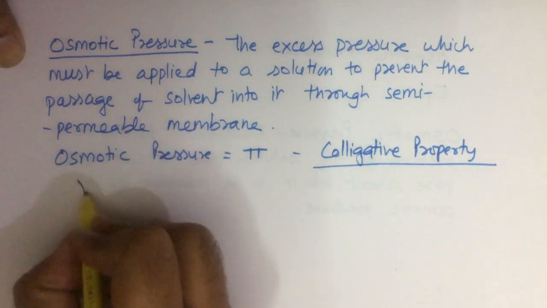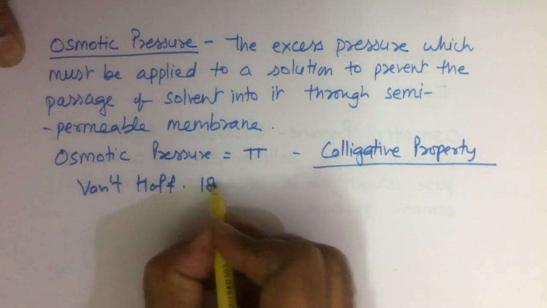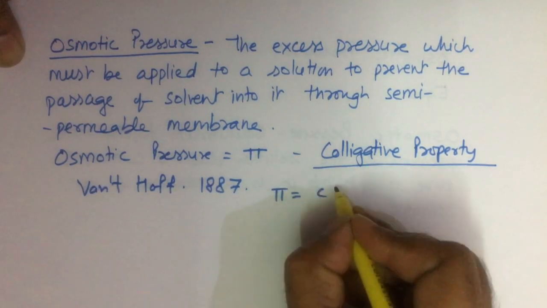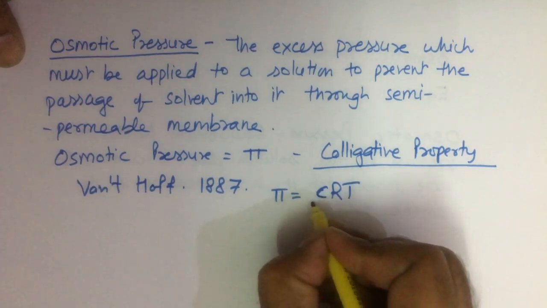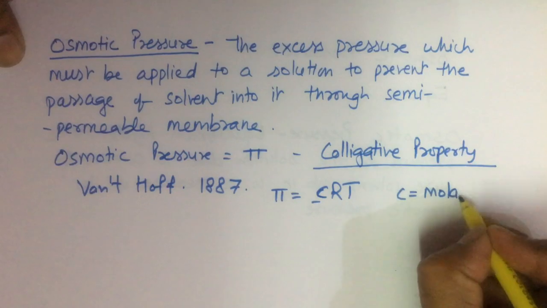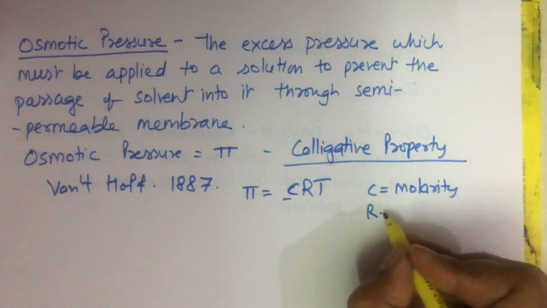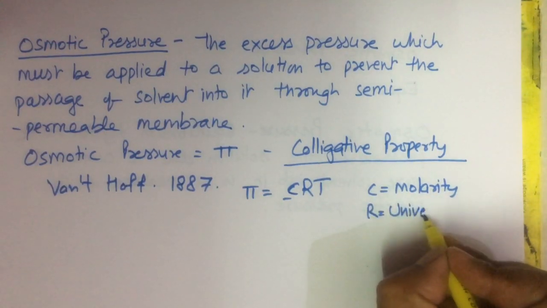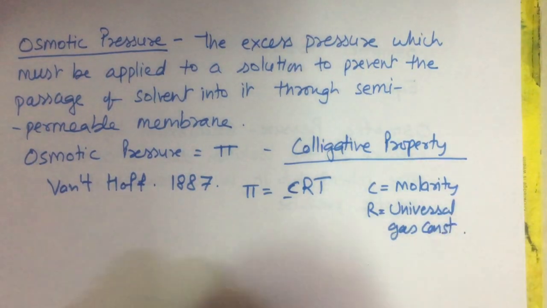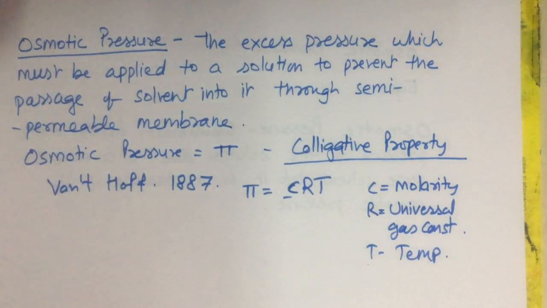Now Van't Hoff, a scientist, in 1887 gave the relation pi is equal to CRT, where C is the concentration in terms of moles per liter, that is molarity, R is the universal gas constant, and T is the temperature in absolute scale.